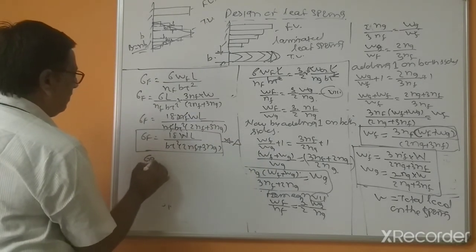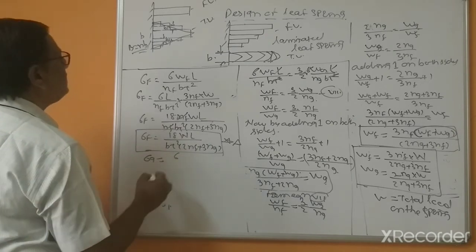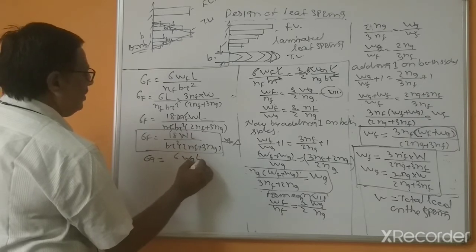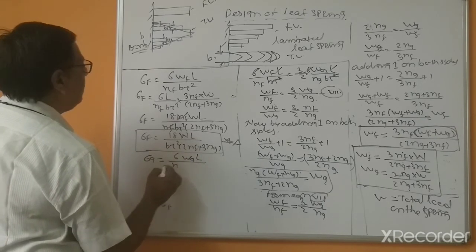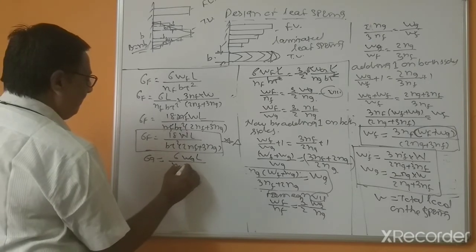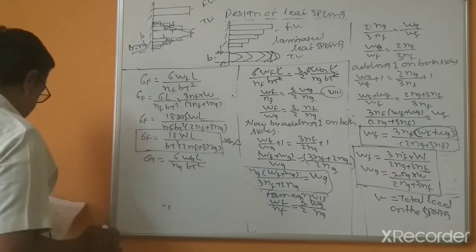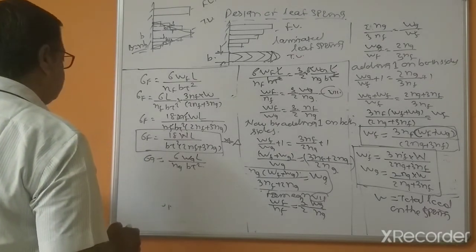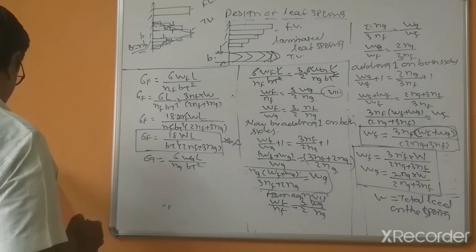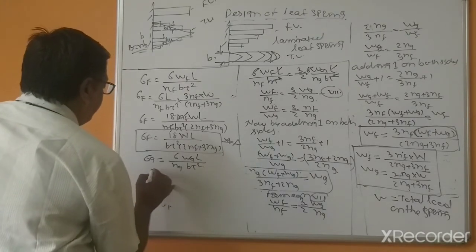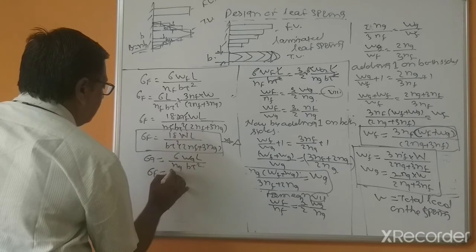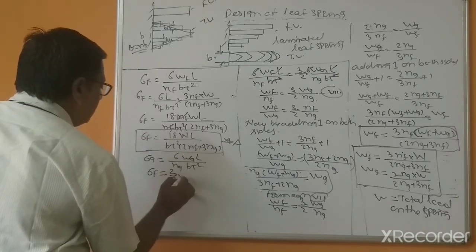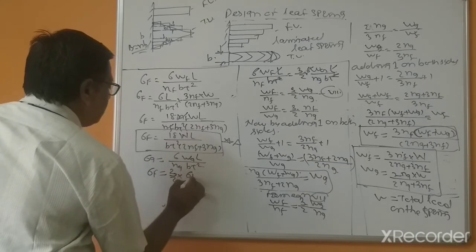Similarly, for graduated springs, this is sigma 6 Wg into L divided by Ng B t squares, and σf equal to 3 by 2 into σg.